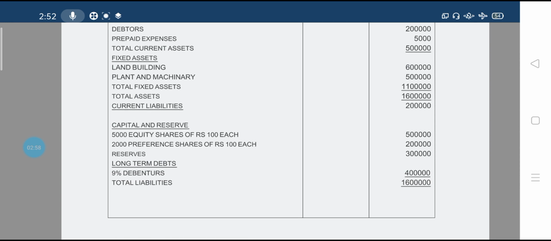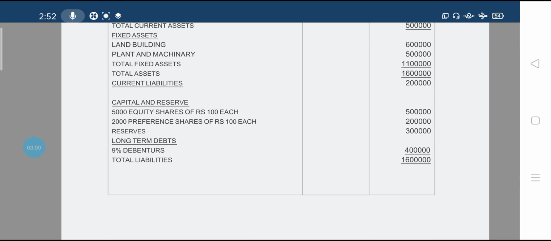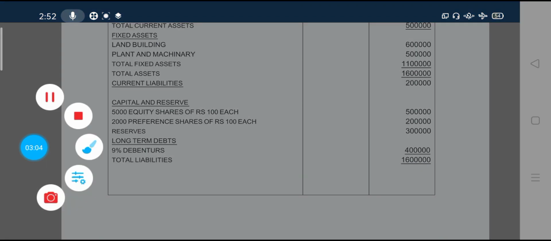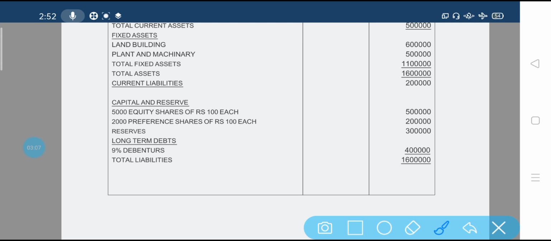Now to current liabilities. Current liabilities directly 2 lakh is given, and in capital and reserve, equity shares, preference shares, and reserves are taken. Next, in long-term debts, 9% debentures are taken.